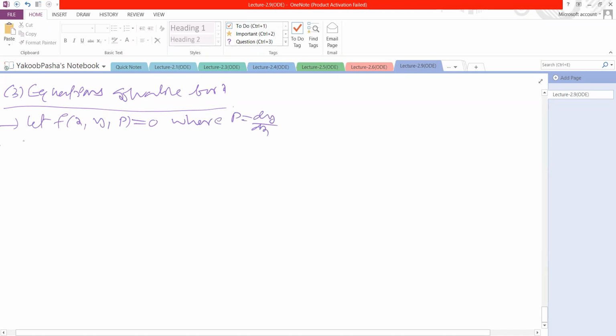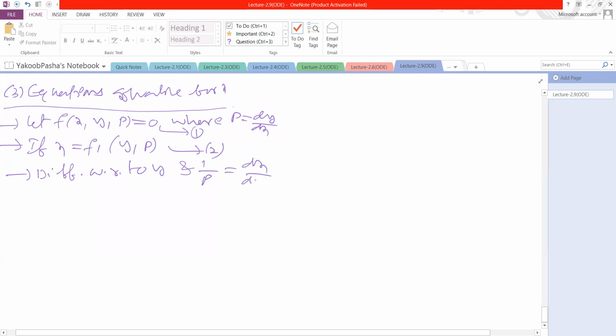Now if we write x is equal to some function f1 of y comma p, let it be equation 1, and differentiate this with respect to y, and write 1 by p is equal to dx by dy. That means dy by dx is equal to p, so here dx by dy comes, and in its place we have to substitute 1 by p.